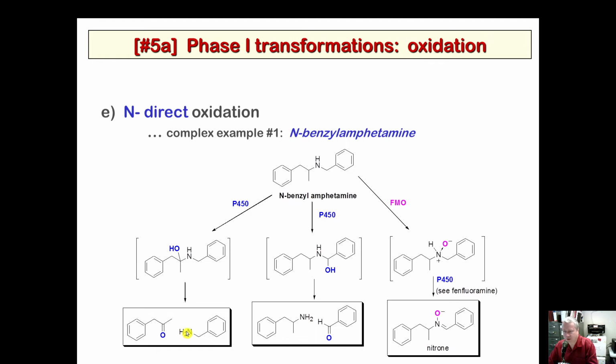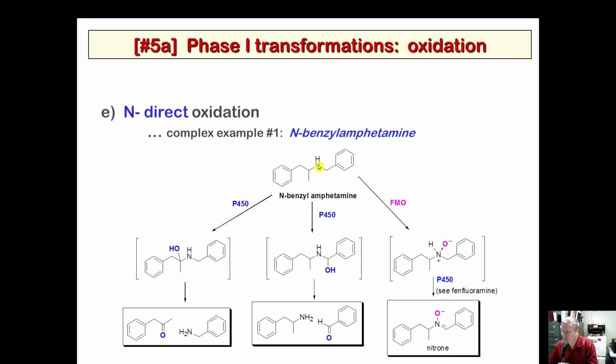That's one of the pathways: P450 oxidation of the left carbon. P450 can also oxidize the right carbon, the other side of the secondary amine, and then this hemiaminal would break down, kick off the nitrogen, and make a different amine, which is again just plain old amphetamine, or what Adderall is.